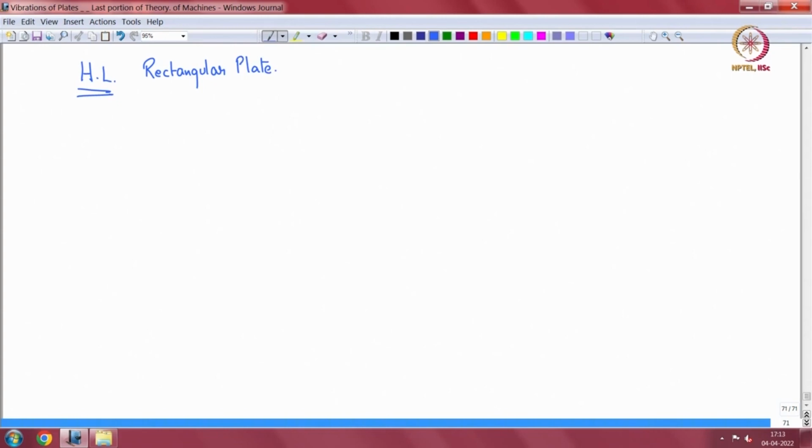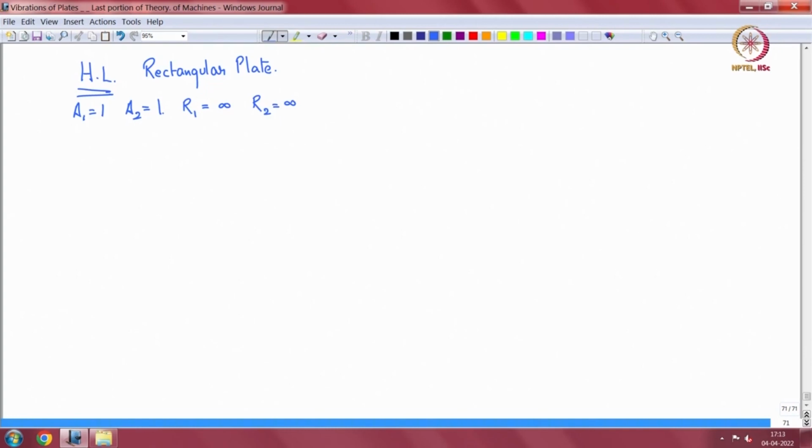If we have a rectangular plate geometry, my A1 is going to be 1, A2 is going to be 1, R1 is going to be infinity, and R2 is going to be infinity.